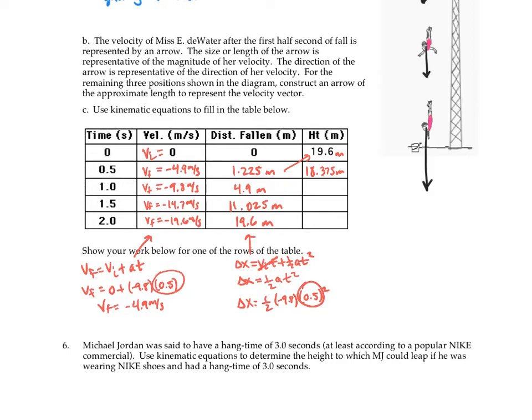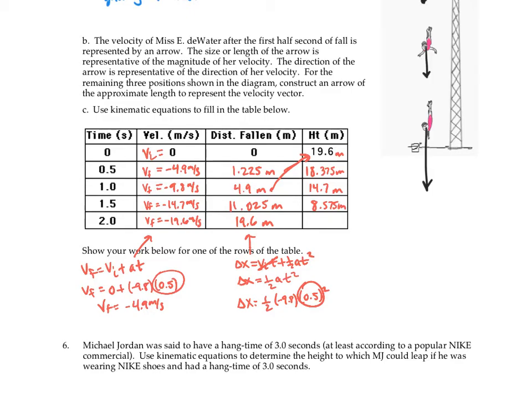The distance fallen after 1 second was 4.9 meters. So what does that take away from 19.6? That brings me down to a height of 14.7. After 1.5 seconds, it has fallen 11.025 meters, which brings it down to a height of 8.575 meters.